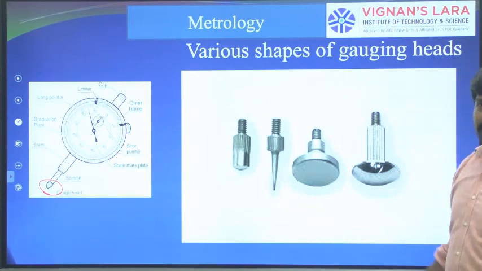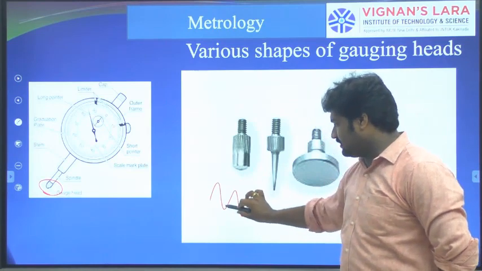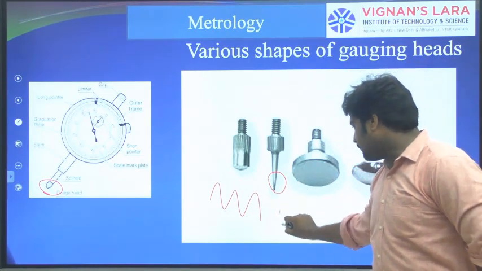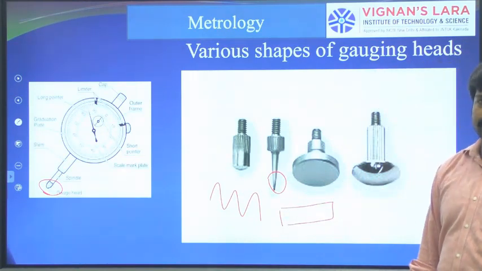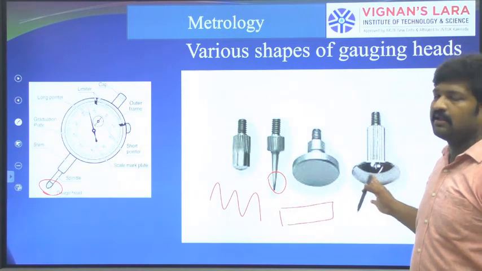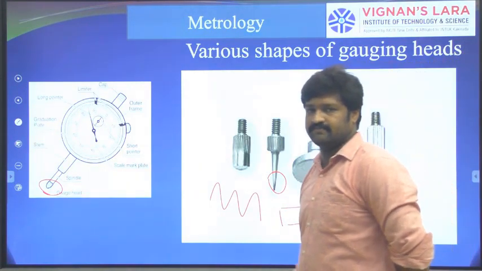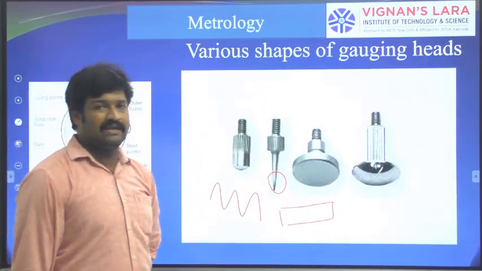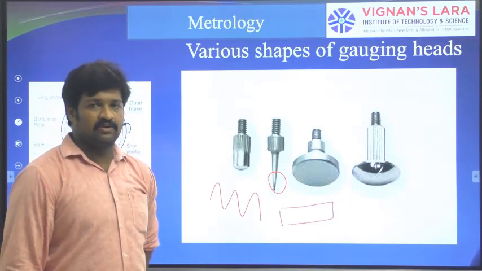If the profile is very narrow or of irregular shape, then we will go for this type of pointer. Depending upon the profile of our component, we will go for different heads. These are all based upon the application where we are going to use these dial indicators. So these are the various types of dial indicators and dial gauge heads. Okay, thank you.